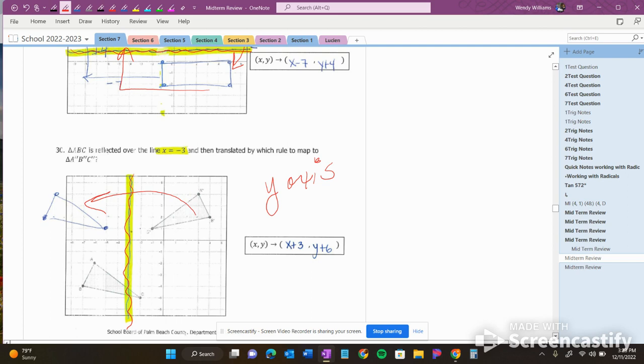Remember, you are symmetric, the same distance, equidistant to the line of reflection. So however many units those are apart, the same amount of units these are going to be apart from the axis. Then how do we go from here to here? It's a translation. We went 3 right and down 6.